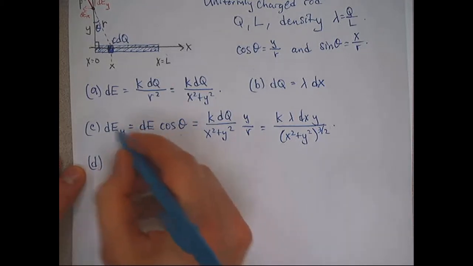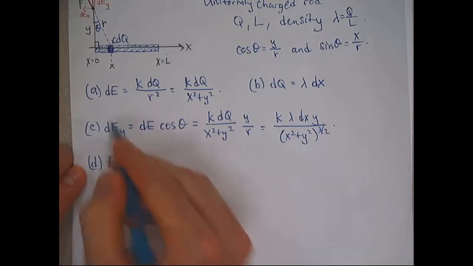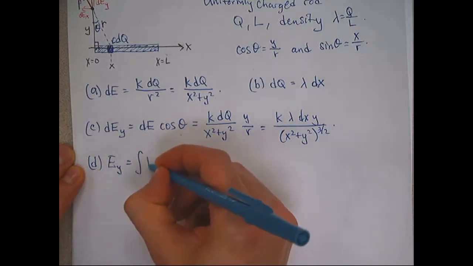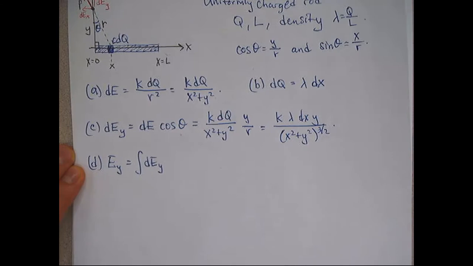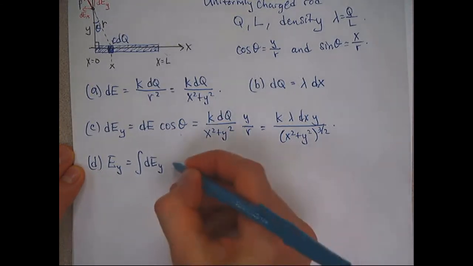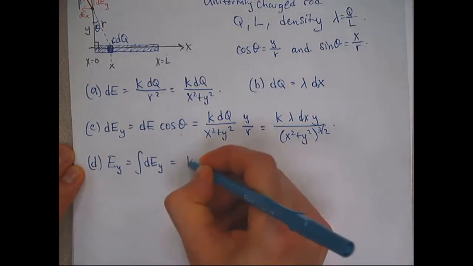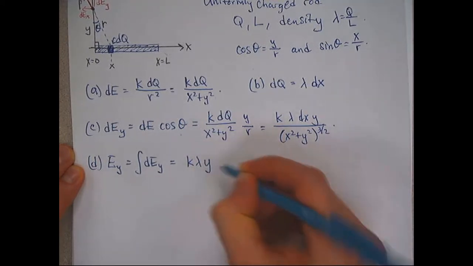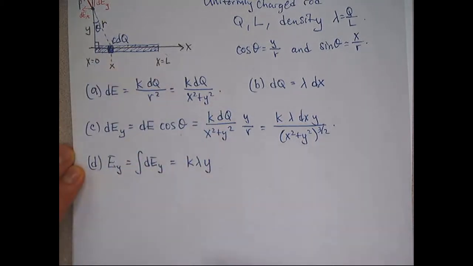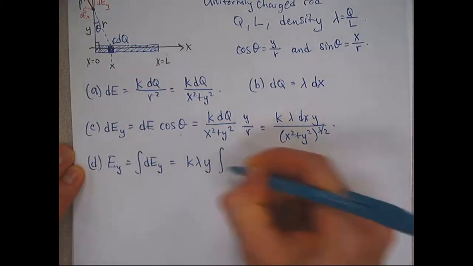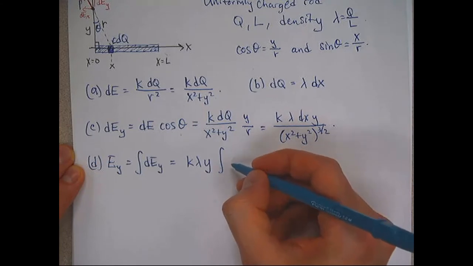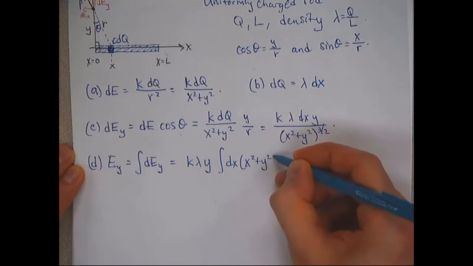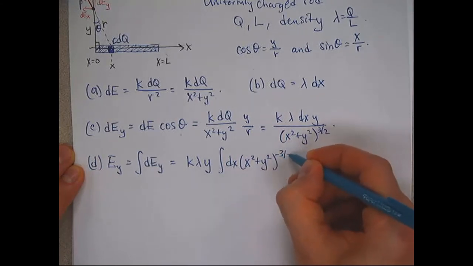To obtain the full y component of the electric field at that point, we need to integrate or sum up all of the contributions dEy. Can take constants out front. k lambda y is not participating in the x integral. dx over x squared plus y squared to the minus 3 halves.